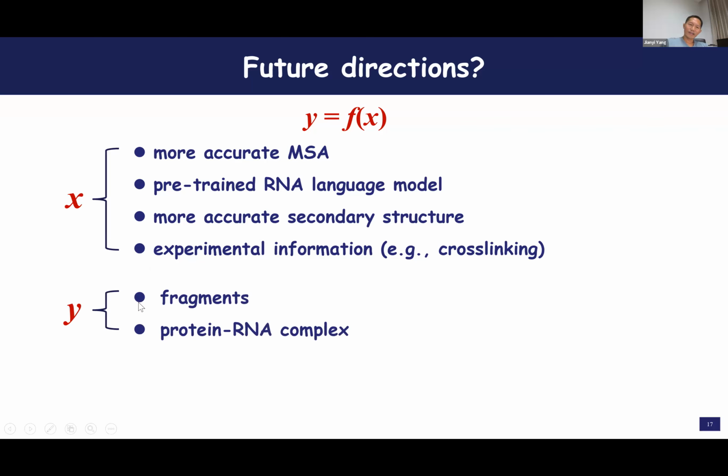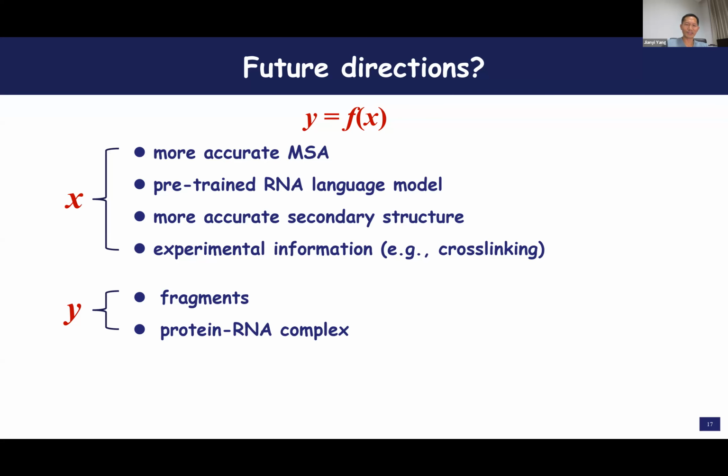So then another variable is y. We have a problem, and this is the most severe problem. We don't have enough training data for this deep learning based method, especially the labels. So what can we do with the current existing data? Well, we can try to break the structure into fragments and reuse the samples, especially for some very big RNAs with more than 1,000 residues.